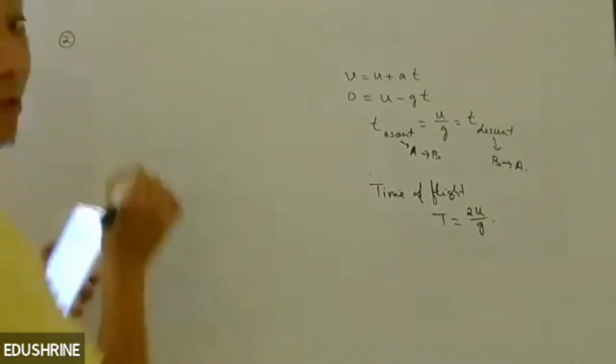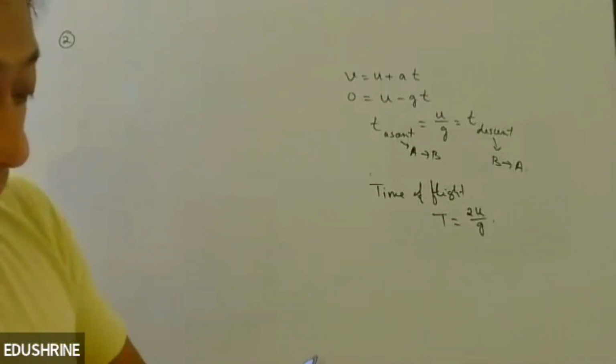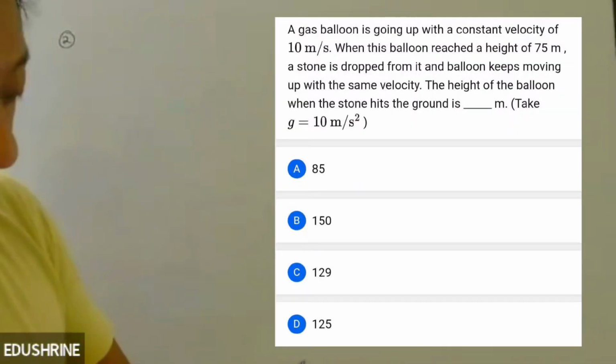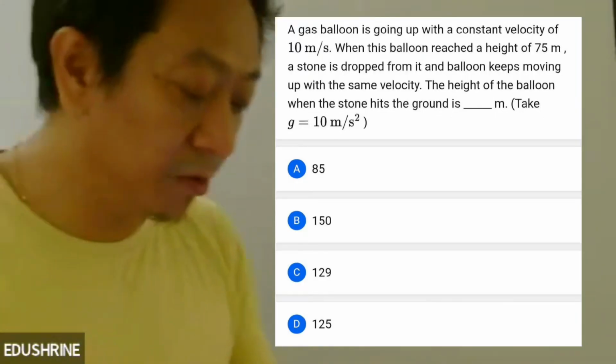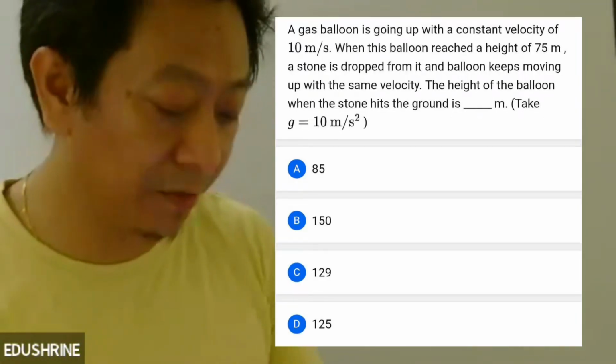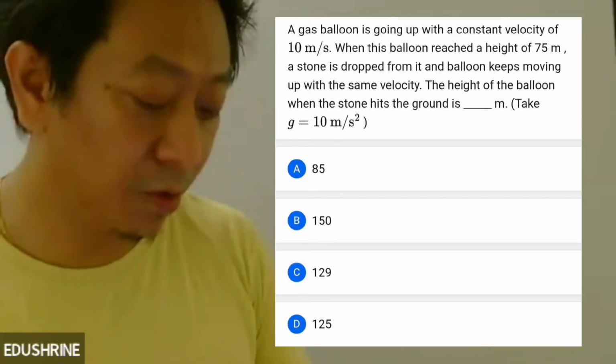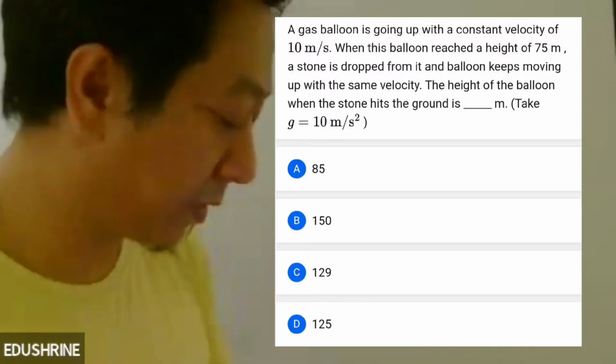Okay, so question number 2 for today's class. A gas balloon is going up with a constant velocity of 10 meters per second. When this balloon reached a height of 75 meters, a stone is dropped from it.